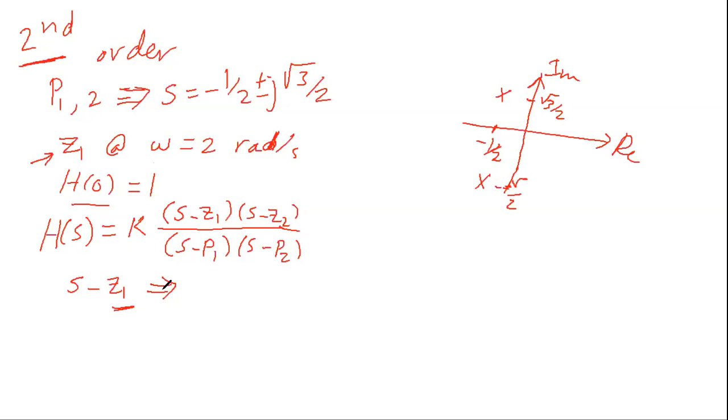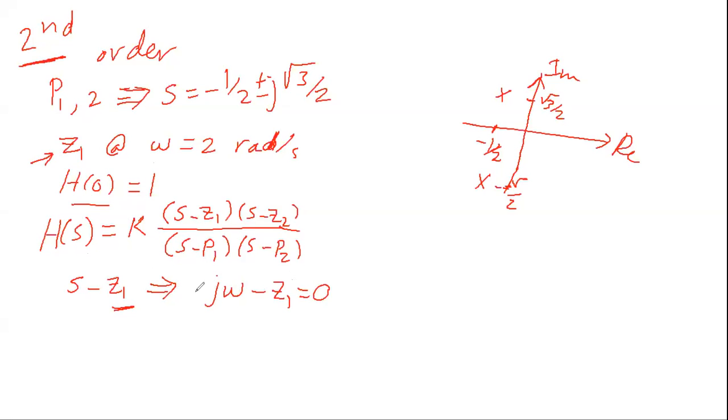If you convert this into the frequency domain, s is j omega, so j omega minus Z1 equals 0, right? Because this is a zero.